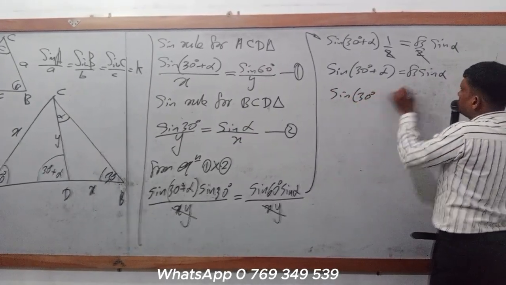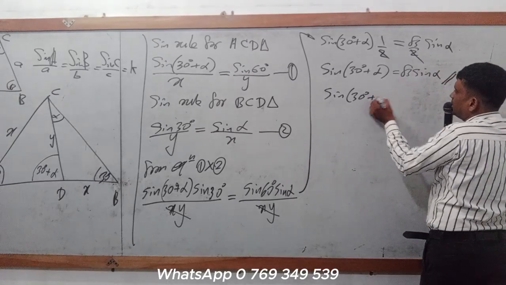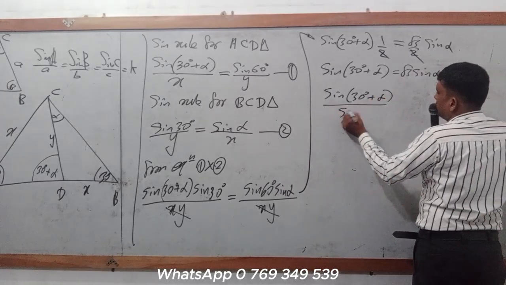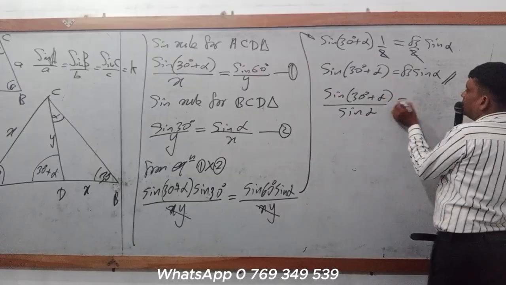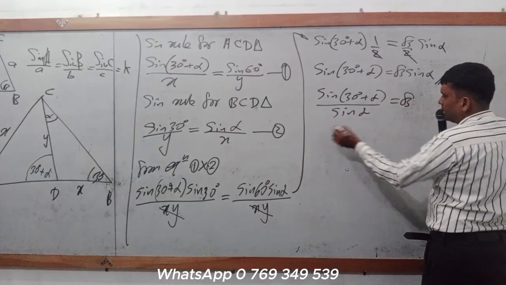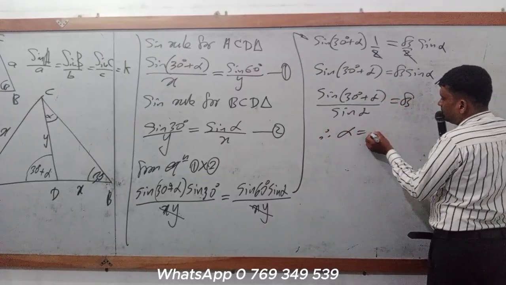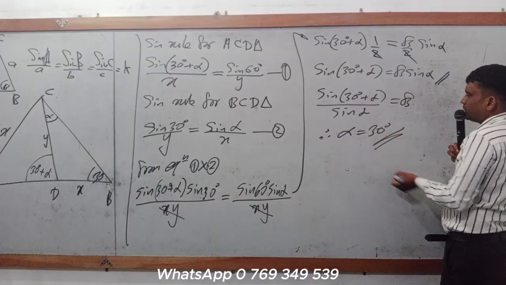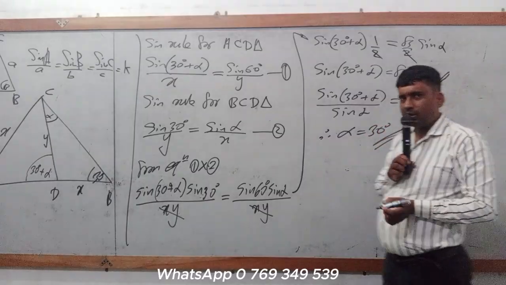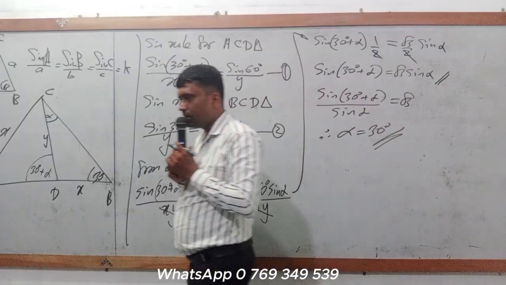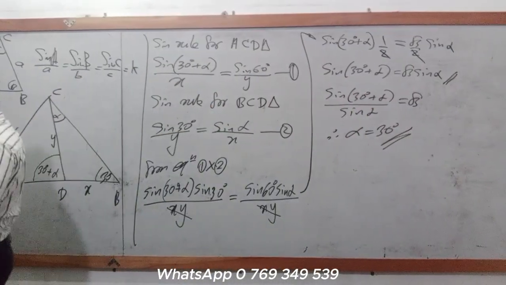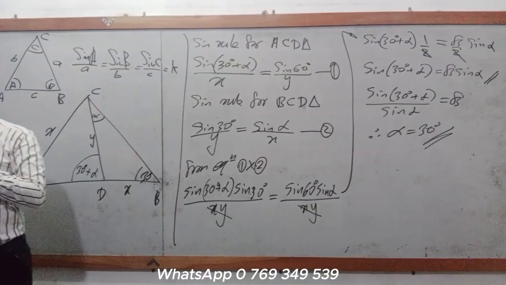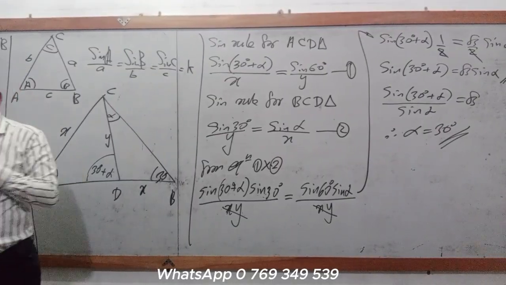Sine 30 plus alpha divided by sine alpha equals root 3. Therefore, alpha equals 30. You can directly use that one. Right. Question number 4 finished.